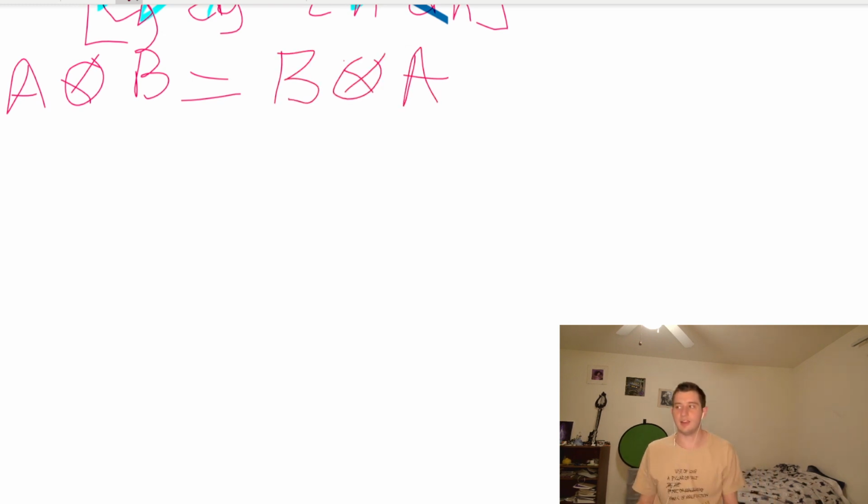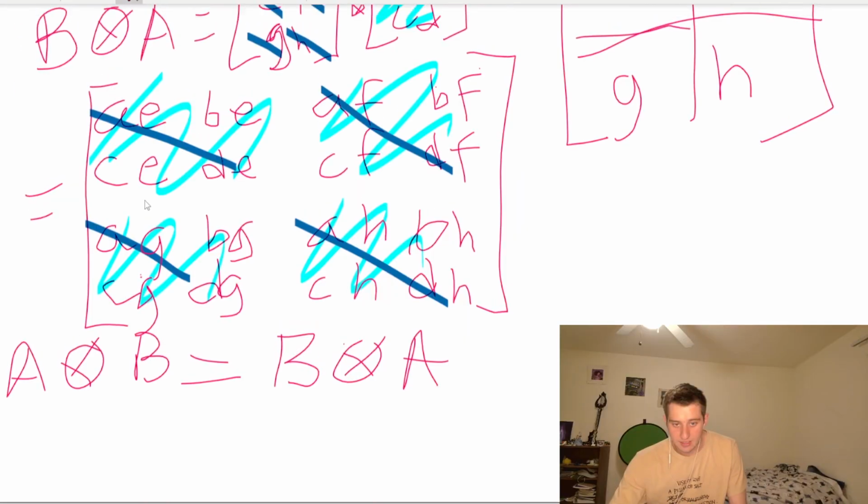Okay, so why do we do that? Because remember, we want to find when A tensor B is equal to B tensor A. So how would we go about doing this? I guess my math brain is developed to a certain extent where this is the natural step to me. We found this matrix.